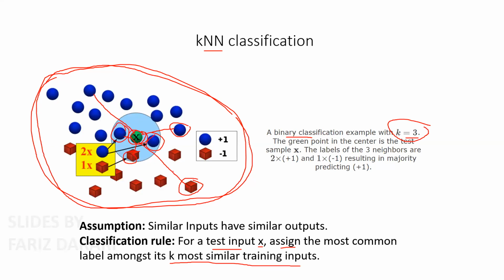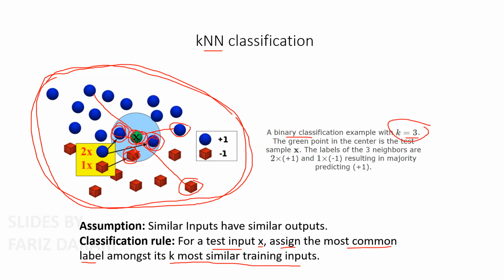And what's next? Having found the 3 nearest neighbors, we observe the most common label among the nearest neighbors. With respect to the 3 nearest neighbors, we have 2 blue labels and just one red label, right?